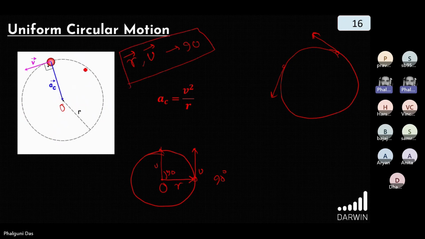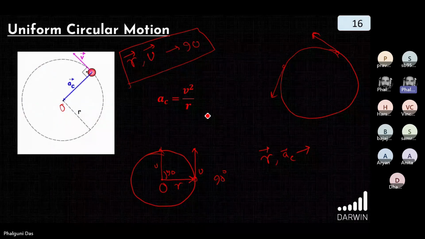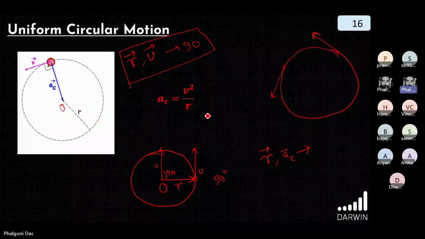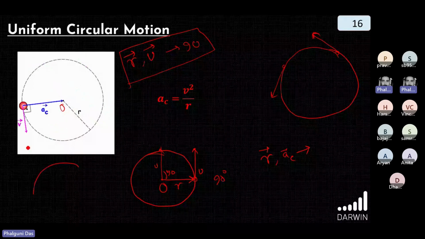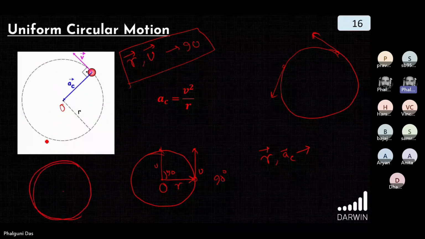What about the angle between the radius vector and the acceleration vector? Think, draw a figure and then tell me what you got.